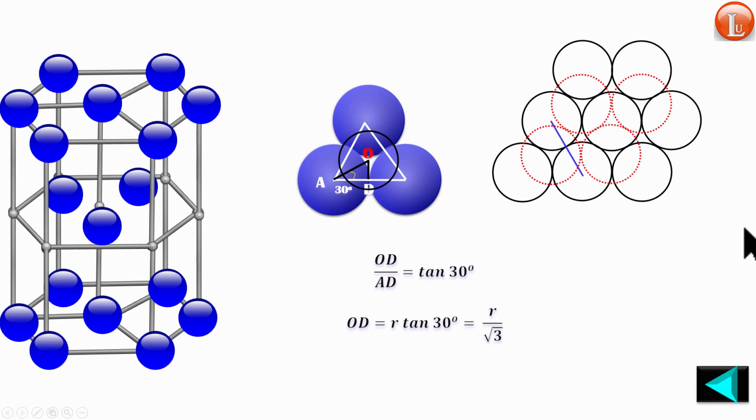Now look at the B layer atoms. Can you see that a part of this entire big sphere is going out, but similarly a part of something else is coming in. Whatever part is going out is coming in. So this total contribution is actually 1.